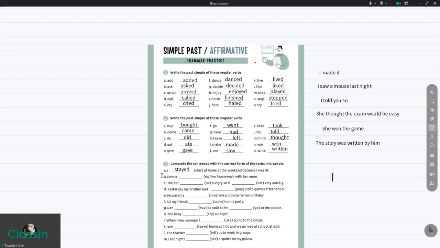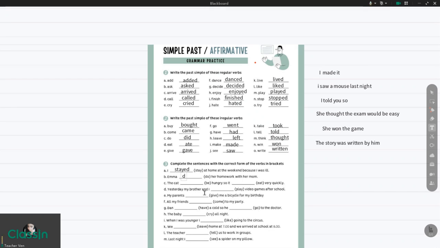Okay. Moving on to our next sentence. Emma blank do her homework with her mom. So do is our word here. It becomes what? Past tense. Simple past. Did.